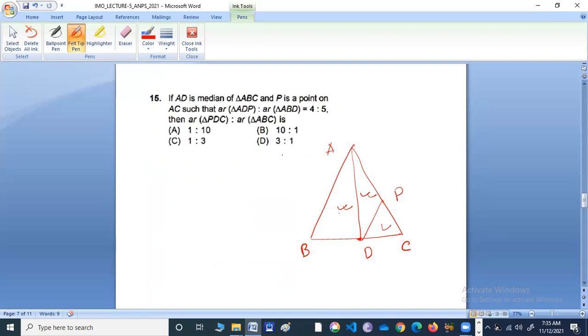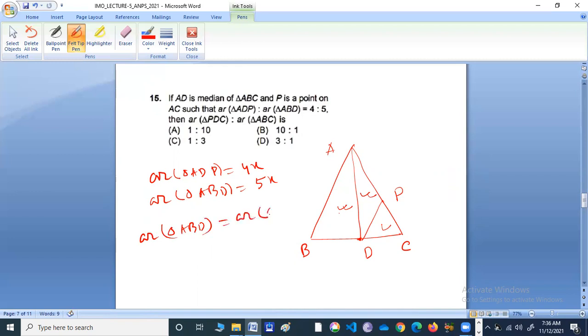So if I take the common ratio to be x, therefore area of triangle ADP will be 4x and area of triangle ABD will be 5x. Okay, good. We know that a median divides the triangle into two triangles of equal area. So area of triangle ABD is equal to area of triangle ADC, right?